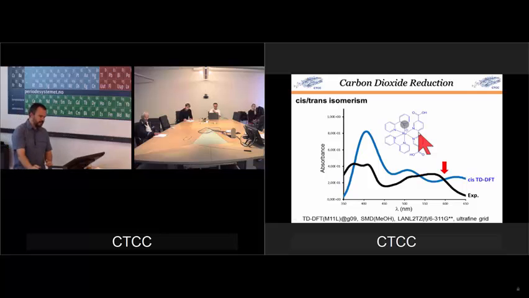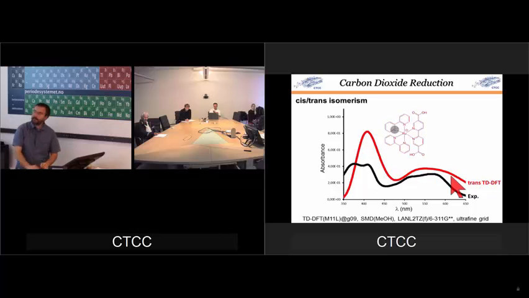This cis means that this carbon here is in cis position with respect to the carboxylated ligand. And so here's the experimental, which is what it is. There is a single spectrum, of course. And that's what we got from TD-DFT for the cis isomer. Not very good agreement, so not too bad here, not too bad here. But in this region, there's a shift of about 50 nanometers, which is a lot.